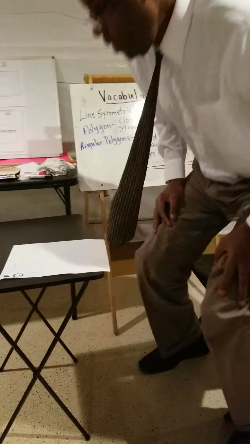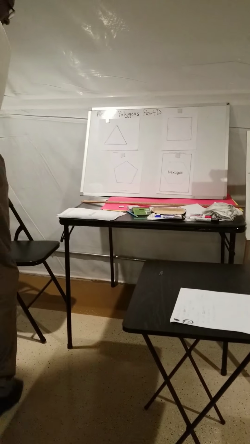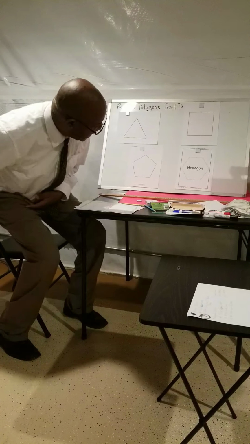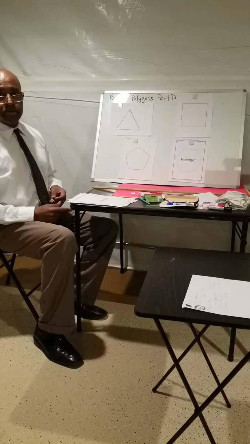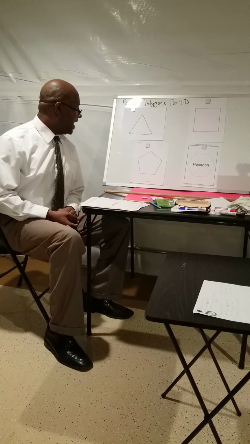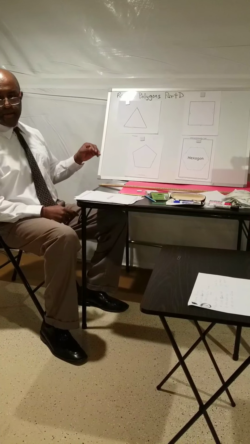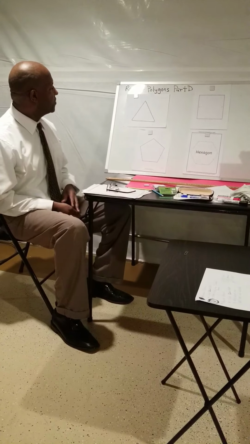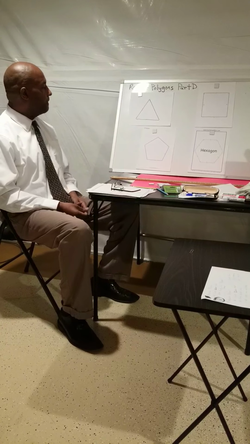So let's tie in regular polygons to our lesson for today, dealing with lines symmetric and lines of symmetry. So the question will be asked, what is the shape and how many lines of symmetry does this shape have? So we'll start with this first shape here.